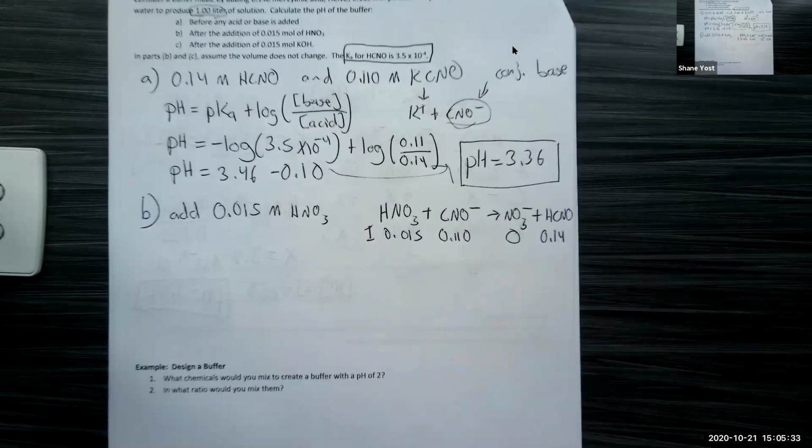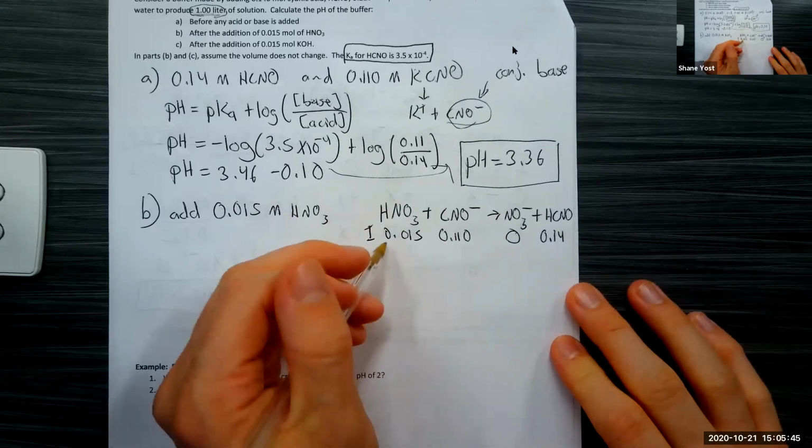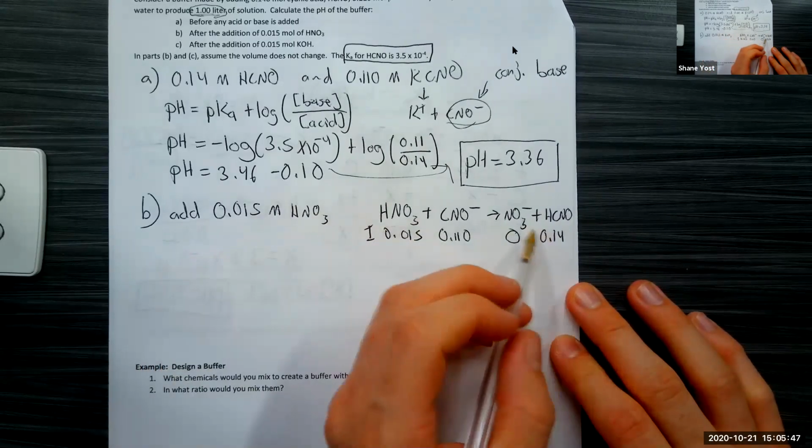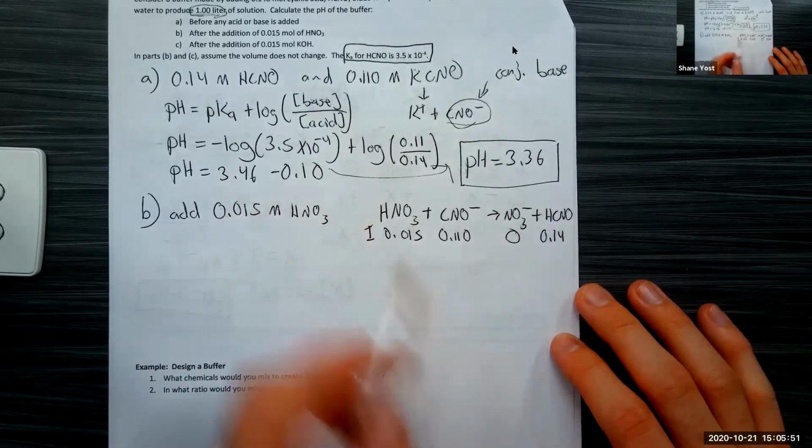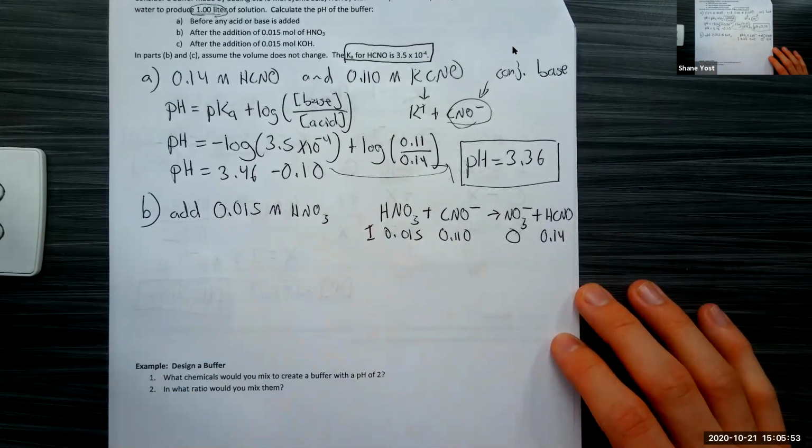The chemical reaction that occurs is a reaction between the acid and the base in the solution. As long as the acid and base are not conjugate acid-base pairs, they will react. These two things will react to form NO3− and HCNO, which is just the transfer of the hydrogen from the acid to the base.